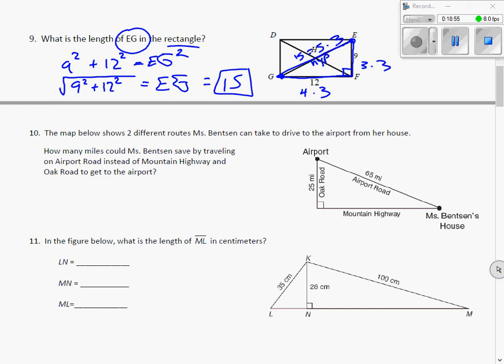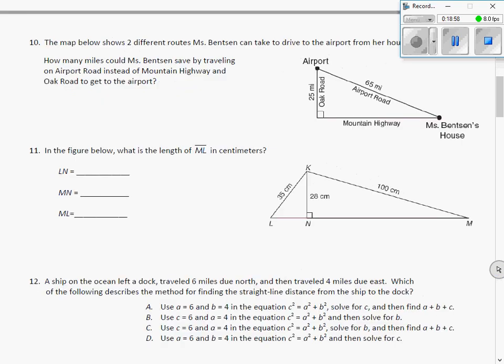Number 10. We need to know how far Mountain Highway is before we can figure out how much farther it is to go that way. This is a leg, this is the hypotenuse. So I need to figure out the leg, so 25 squared plus B squared equals C squared.